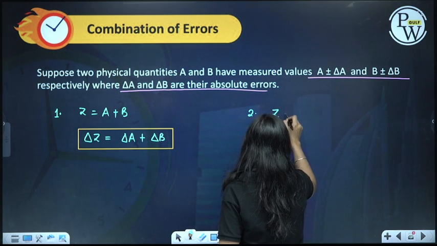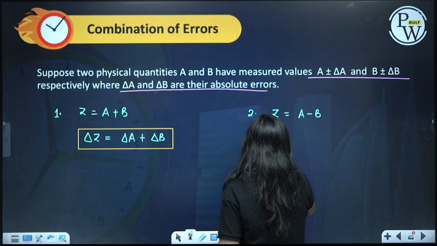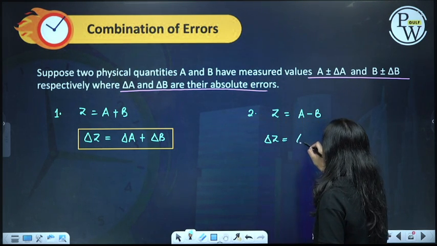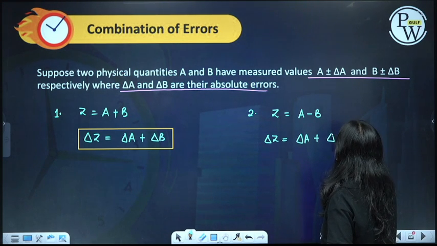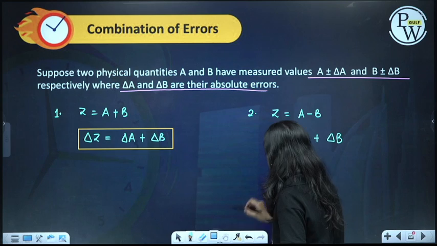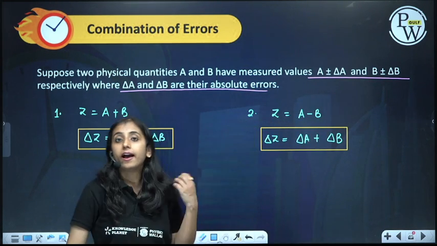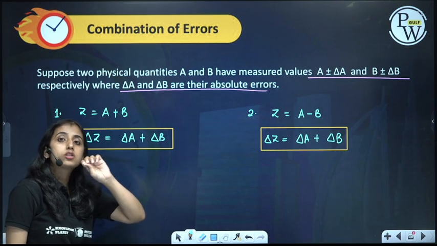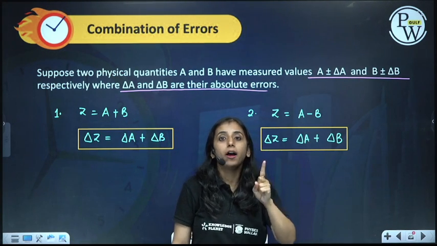Now if Z is equal to A minus B, then also the mean absolute error in Z will be equal to the mean absolute error in A plus the mean absolute error in B. Why are we adding the errors in subtraction as well as addition? Because we always write the answer with the maximum possible value of error.